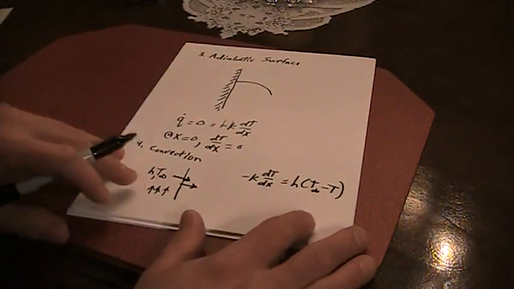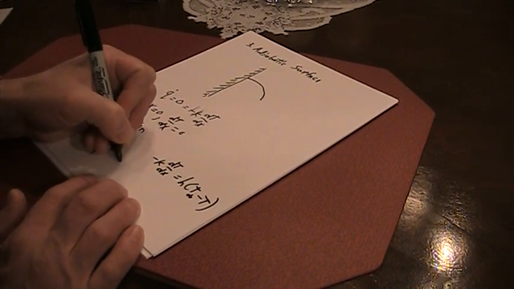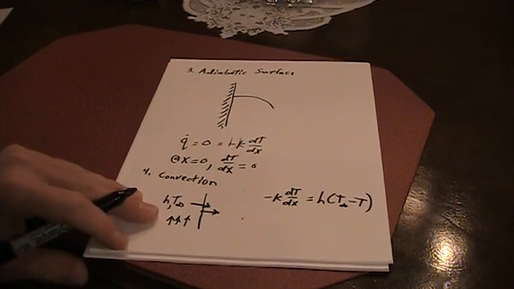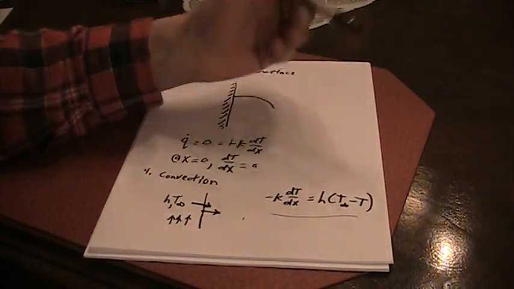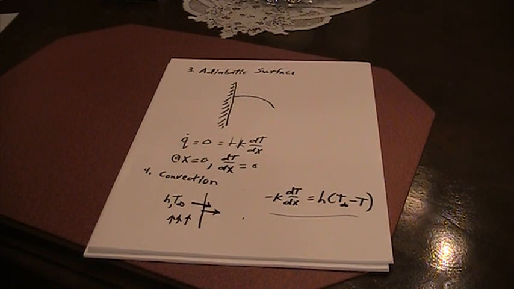So we can solve for temperature, but let's just leave it at that, and I'll work a homework problem to demonstrate how to use this. But these are 4 typical boundary conditions that you would need to solve the heat equation.